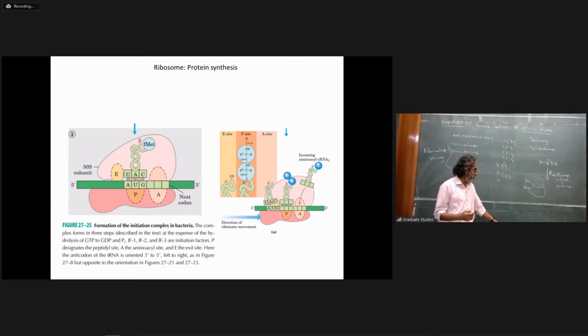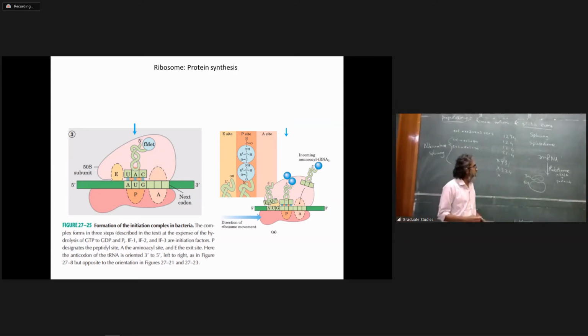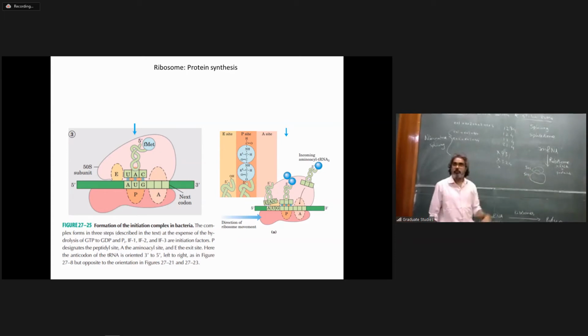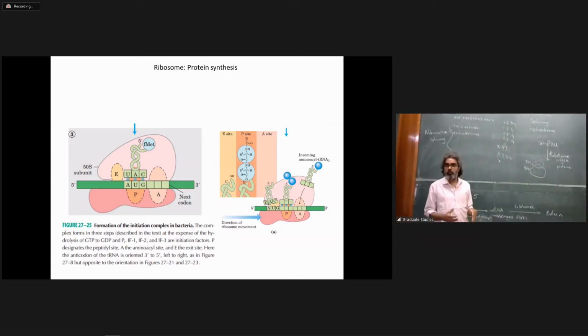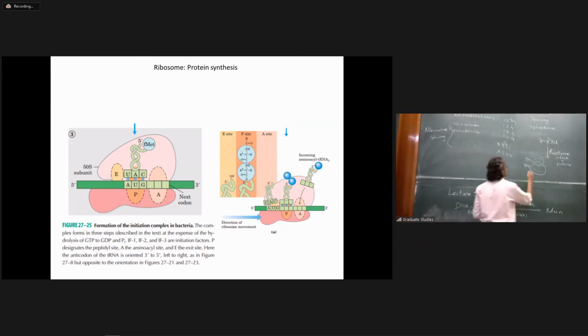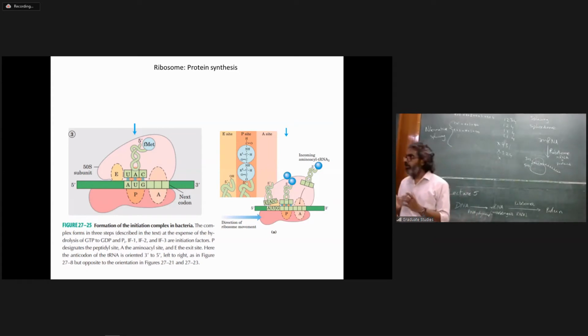So the 2 subunits come together and assemble on an mRNA. The mRNA is single stranded, and these subunits assemble on it and start reading codons, 3 nucleotides at a time.